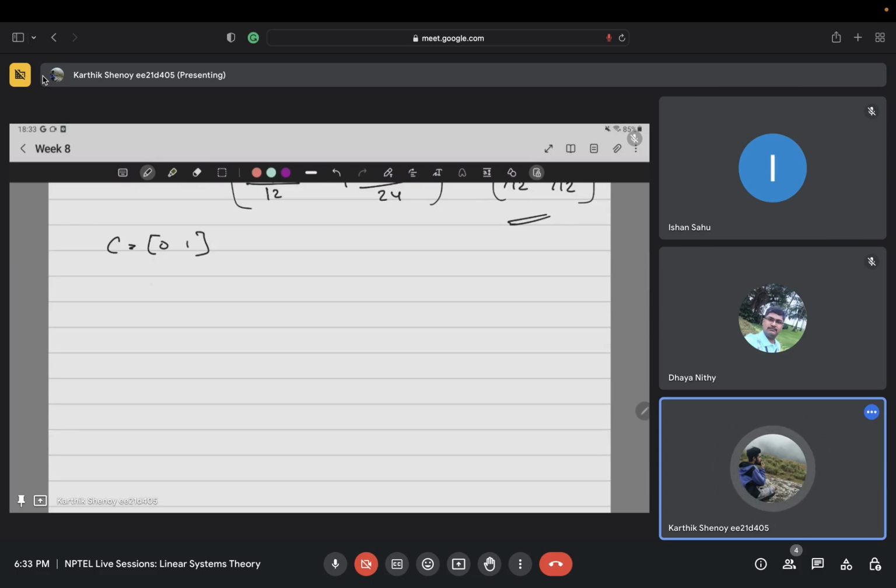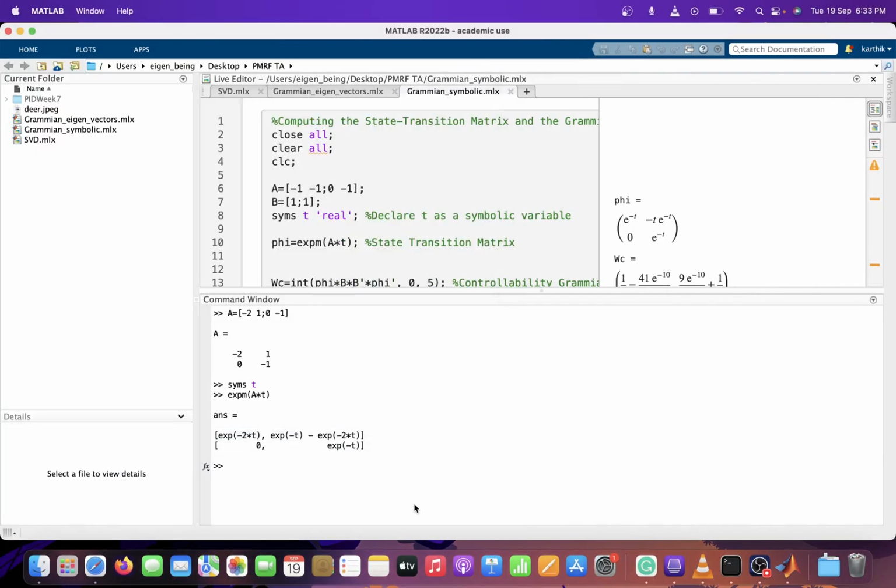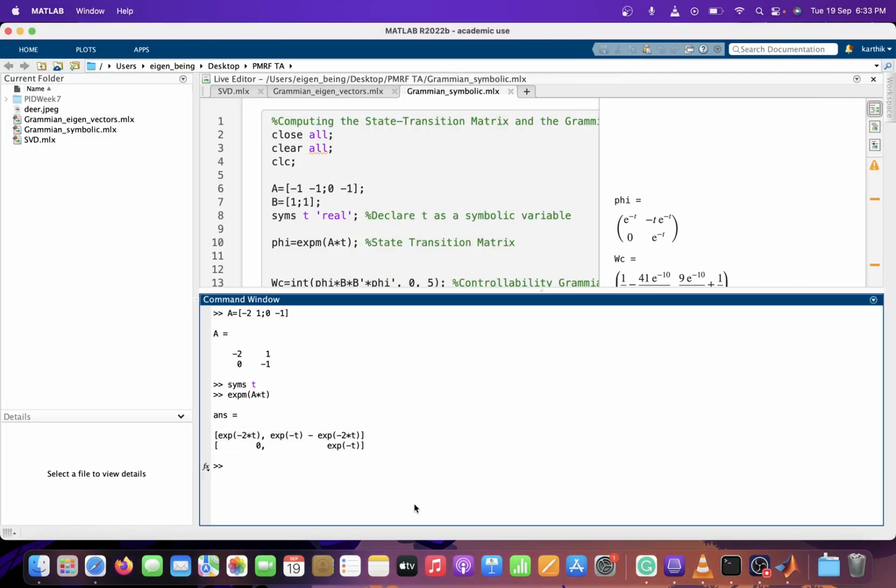So what will happen? So this will be e raised to minus, so is it minus 2t or minus t here? Did someone calculate that? If someone has calculated that, maybe.